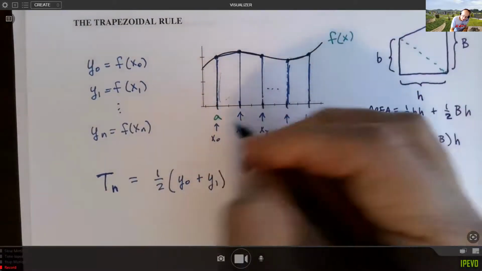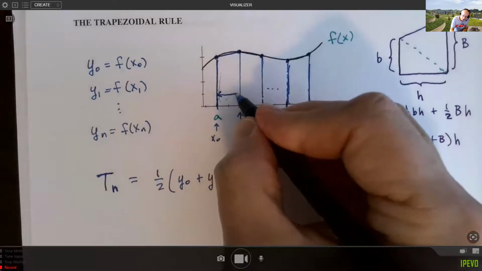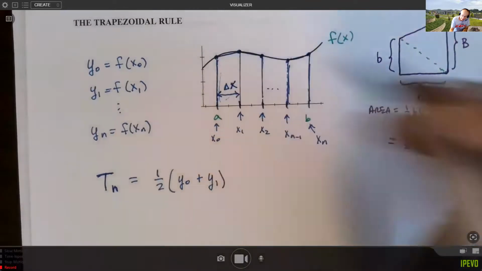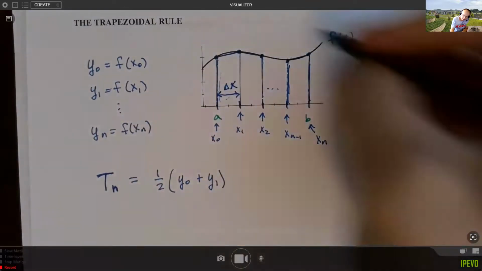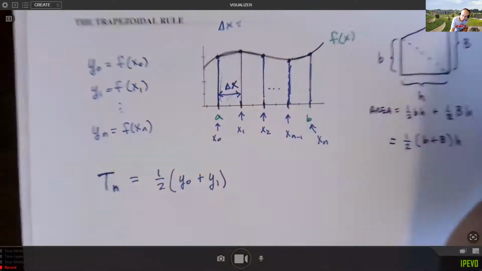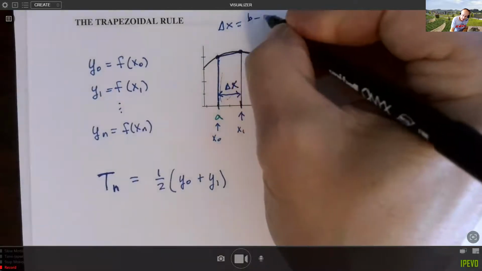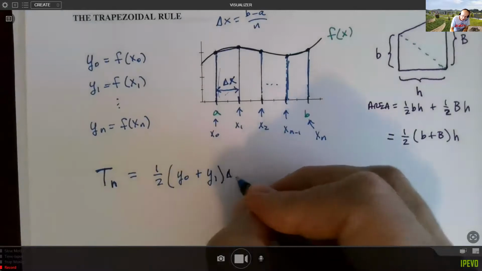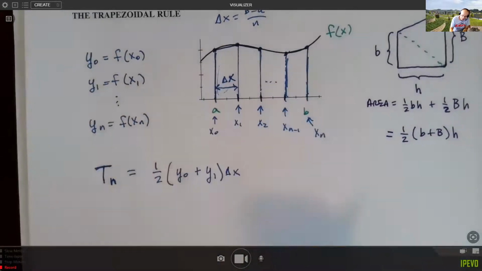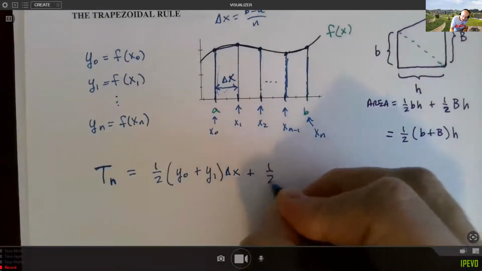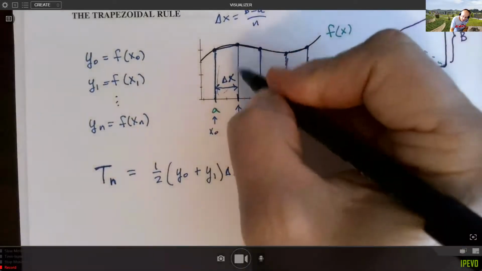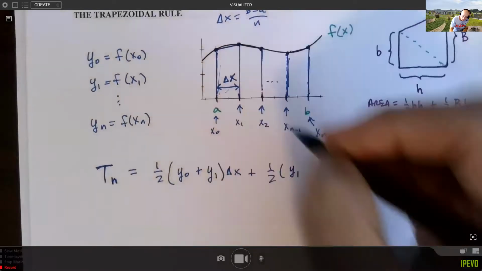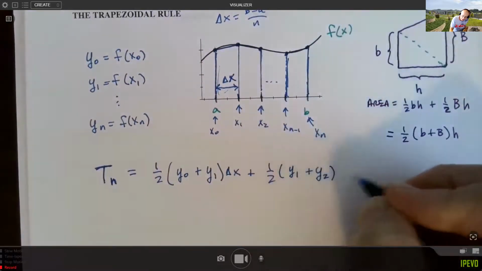And then what's the width here? For all our rectangles, remember, it's the same thing. It's delta x, and that delta x is the same delta x we had before. Delta x is still equal to b minus a divided by n. So that's a fixed value. That's the first trapezoid. The second trapezoid will be 1/2 times this length here, which is y1, plus this length here, which is y2, times delta x.